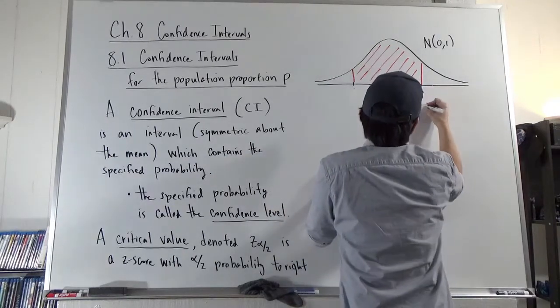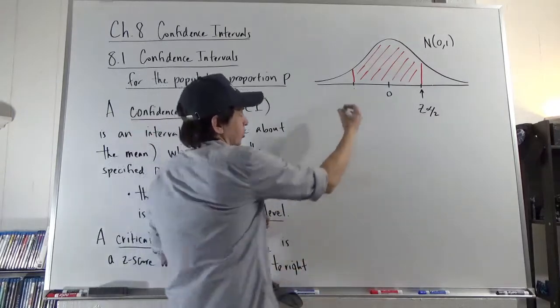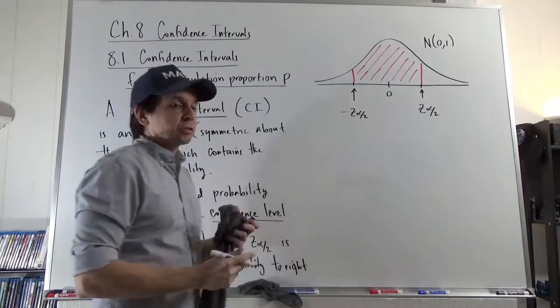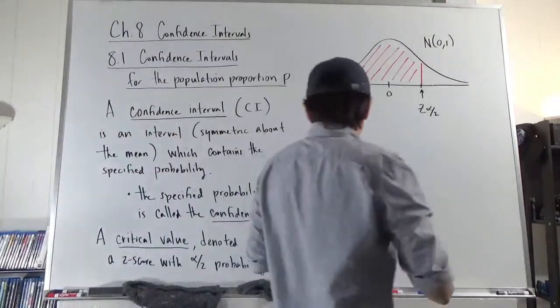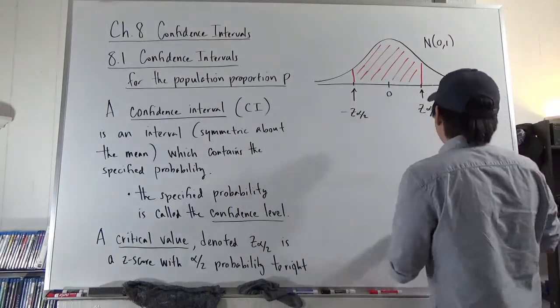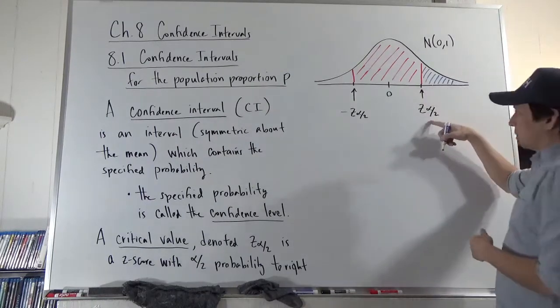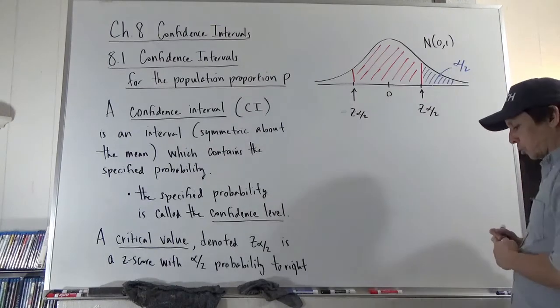This one is z alpha over 2. This one is negative z alpha over 2. So you will have a negative and positive z-score. You will be using that sort of thing that we did. But the alpha over 2 specifies that this area in the right tail, that's what that subscript represents, is area alpha over 2 to the right of that z-score.